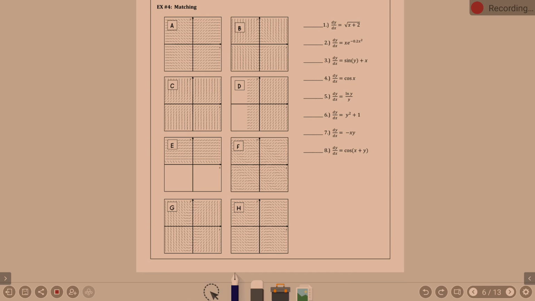And sometimes there are slopes that are up and down, they're all the same. Some places are slopes that don't exist. So as you start looking at this, try and plug in some key values. Like maybe plug in something in the 1, 1 area, see what's happening. Plug in something where x is 0 or y is 0. See what's happening.